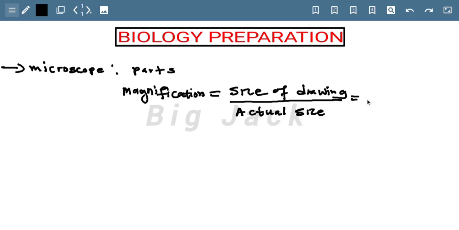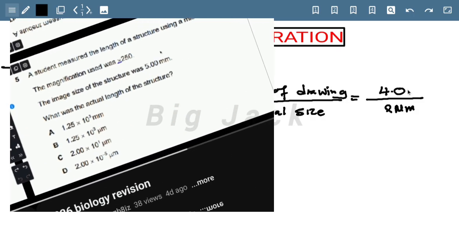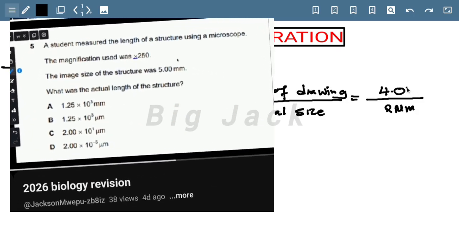The actual size of the cell is 2 micrometers. After viewing it under the microscope, you find that it is, let's say, 4.0 micrometers.